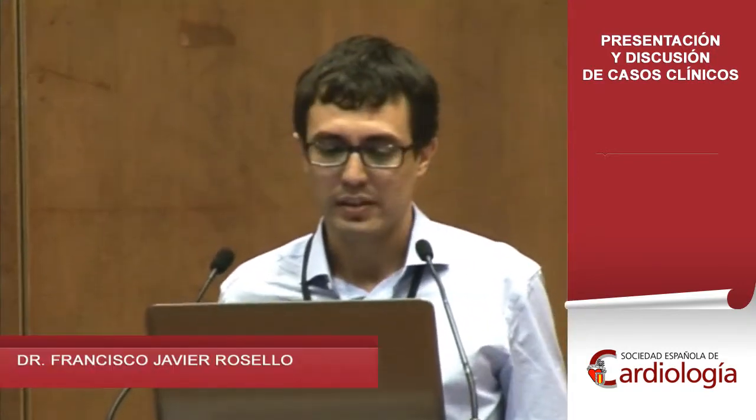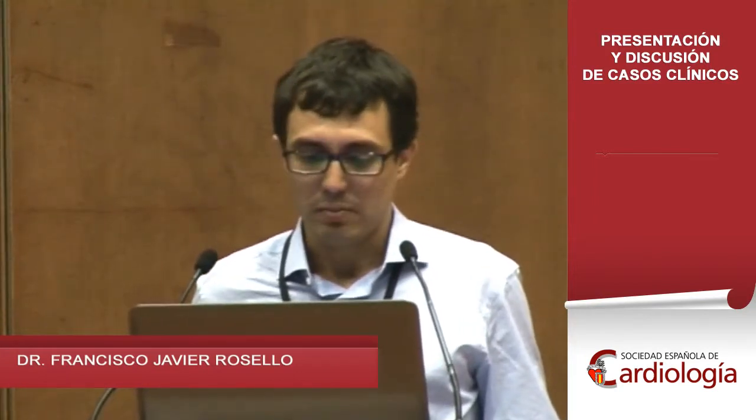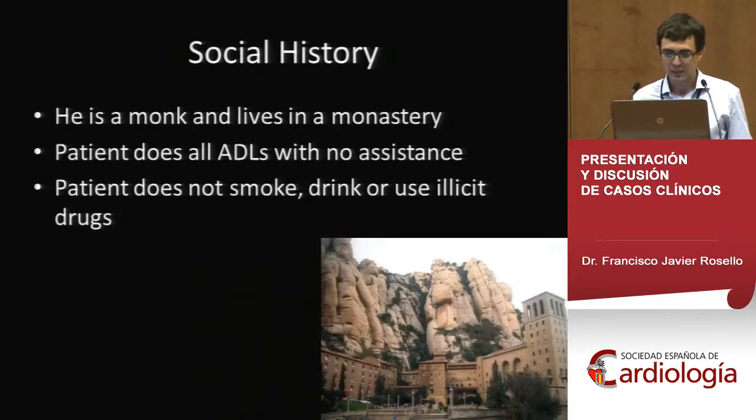He was an 84-year-old man with two cardiac risk factors, hyperlipidemia and hypertension, and he normally took omeprazole because he had a hiatal hernia. He is a monk and he lives in a monastery.